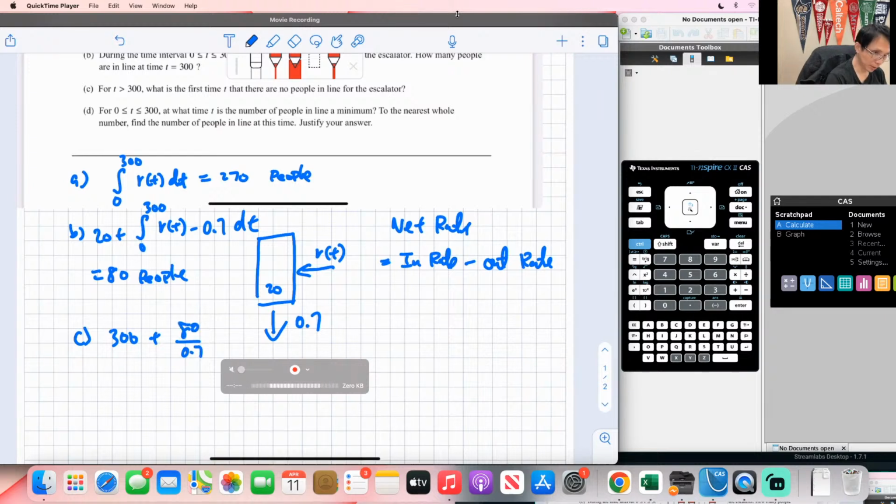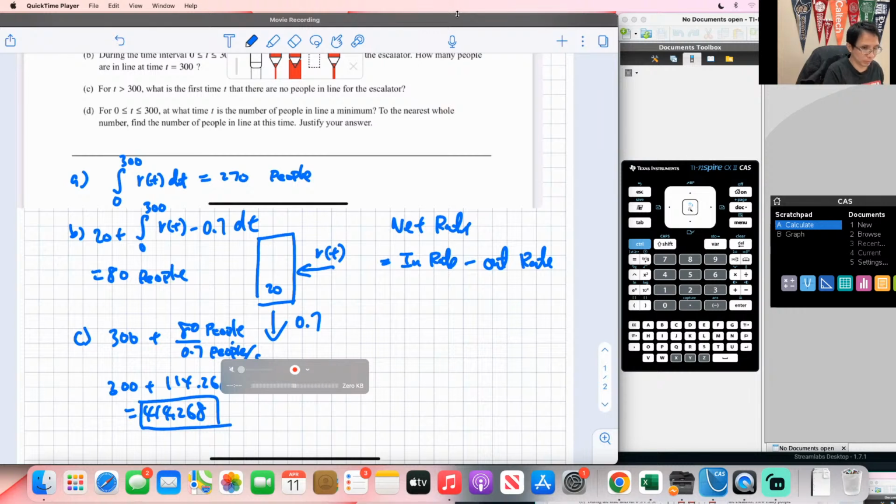Why? Because you've got 80 people, and you've got 0.7 people per second. If you cancel this out, it's going to be seconds. So it'll be 300 plus 114.268, so it's 414.268. So that's the amount.